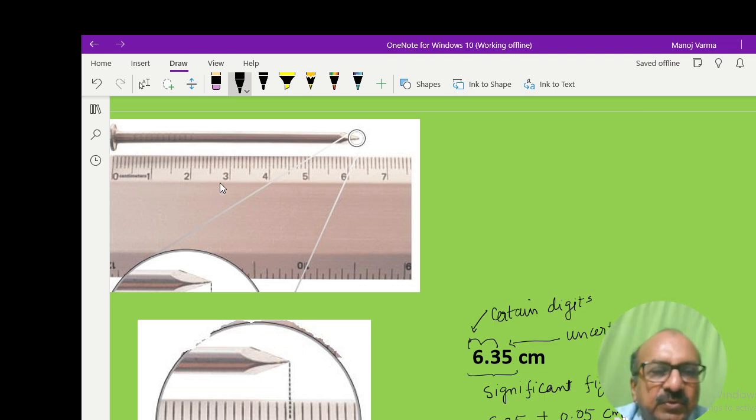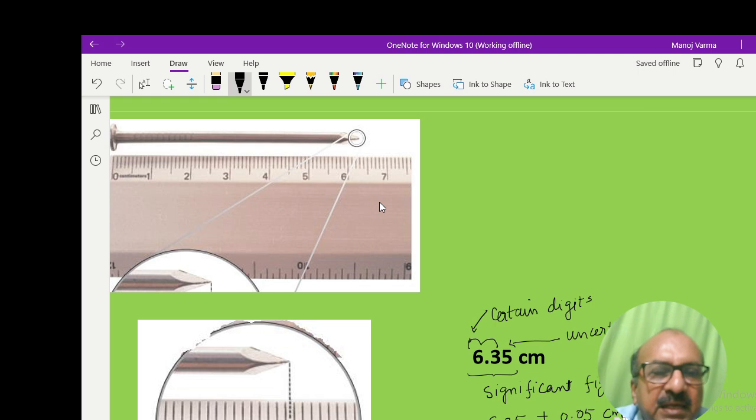This is 1, 2, 3, 4 centimeters, and 1 centimeter is divided into 10 equal parts, so that each division is equal to 0.1 centimeter. And since the uncertainty is half of the smallest division, it is 0.1 divided by 2, that is 0.05.